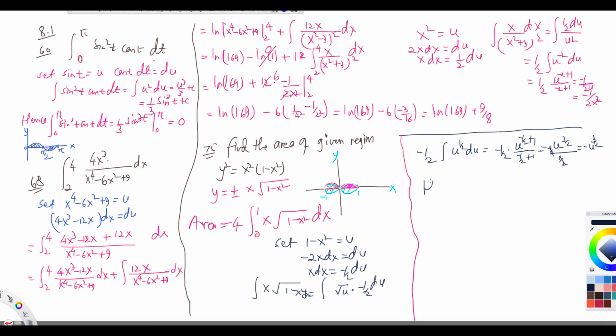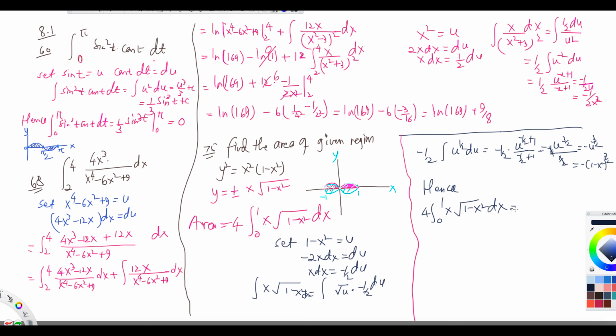Therefore, I can write 4 times the integral from 0 to 1 of x times the square root of 1 minus x squared dx. By the way, how much is that? Negative (1 minus x squared) to the 3/2, right? That equals 4 times, no longer the integral, because I'm coming out of the integral, so I will plug in the limits.